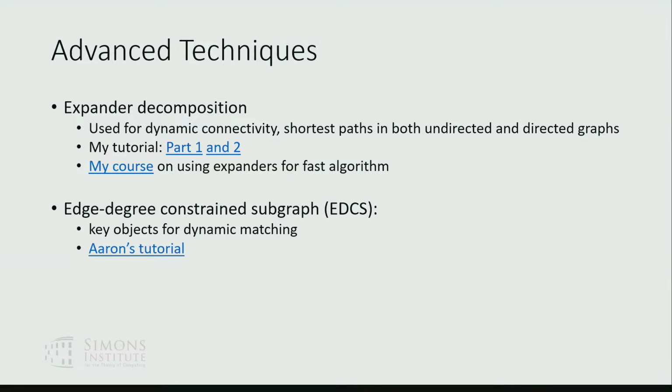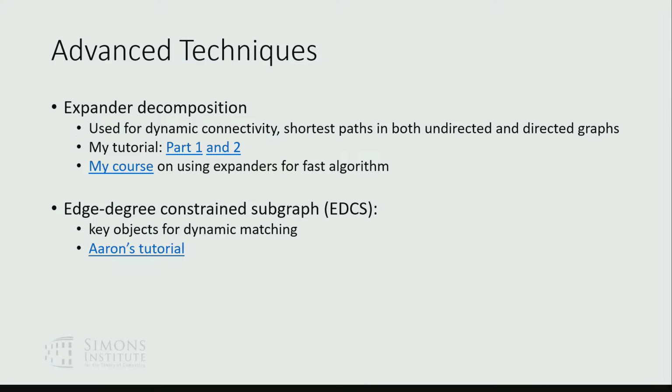There is one technique that I want to mention because it's a technique for the matching problem. It works for dynamic matching, and it is called the edge degree constrained subgraph. What is so interesting about this technique is that it applies in so many areas, not just dynamic, but streaming, sublinear algorithms, communication, and so on.